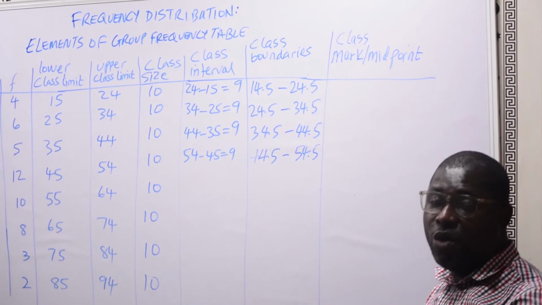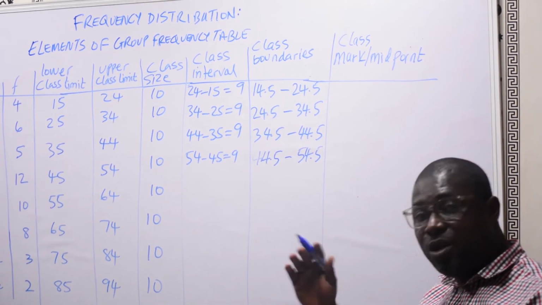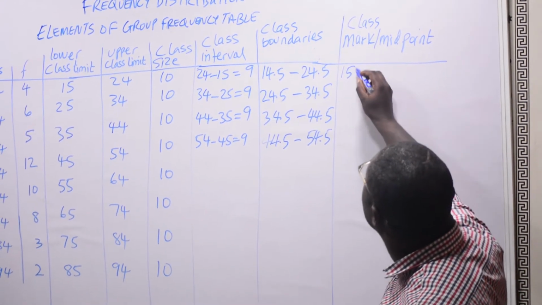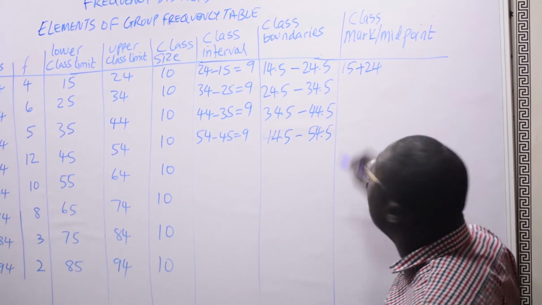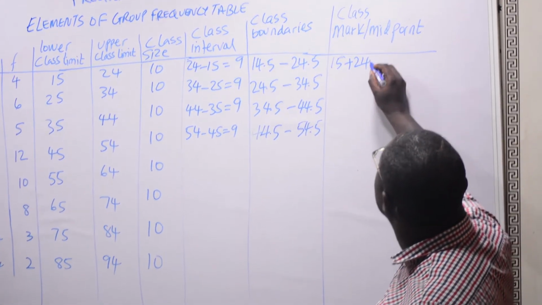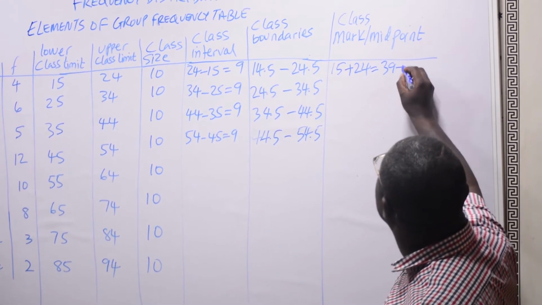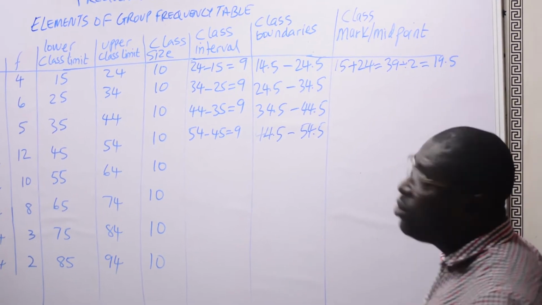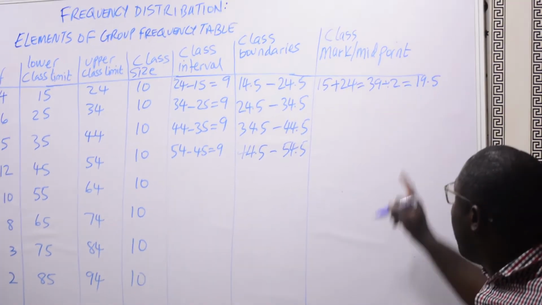That's the average of the upper class limit and the lower class limit. For the first class, it will be 15 plus 24, that gives us 39, divided by 2, that is 19.5. So the midpoint of the class is 19.5.